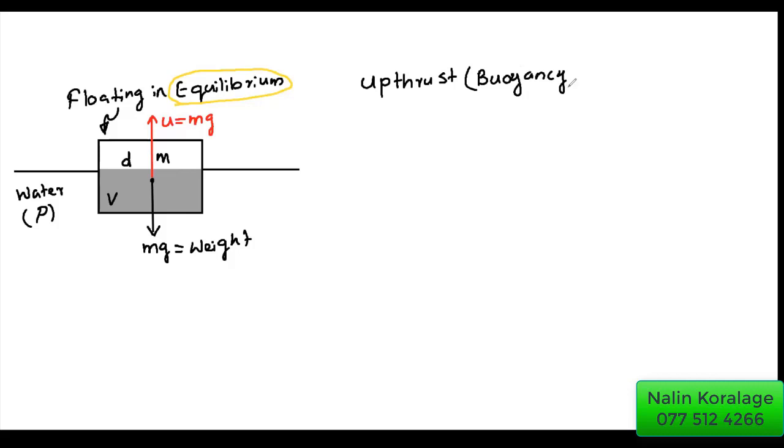So you don't have to worry, because I'm not a teacher. Pretty sure that spelling is correct. Buoyancy force. Therefore, the buoyancy force is the one symbolically represented by U. So upthrust is also known as buoyancy force.